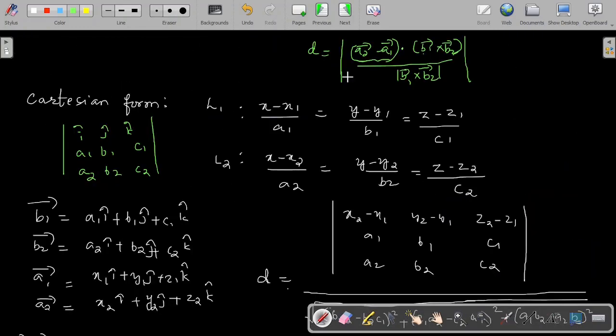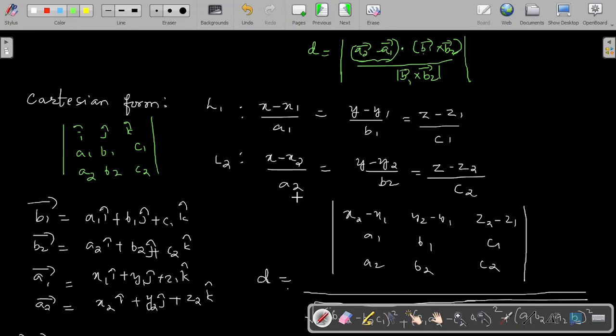Now, if you want to find out the expression for distance between two skew lines in terms of Cartesian form, when the lines are also given in Cartesian equations, then see the formula. We have to get the vectors one by one: b1, b2, a2, a1, then b1 cross b2, a2 minus a1. So b1 is given by the direction of first line, a1 i cap plus b1 j cap plus c1 k cap.